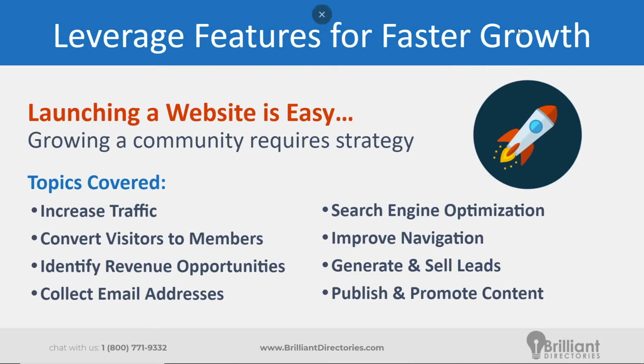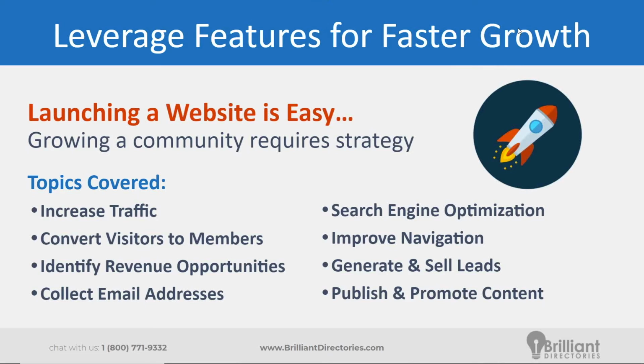And I always like to mention, especially since we're coming up to episode 100, why we created Webinar Wednesday. At Brilliant Directories, we're very agile in our development process, and there are always new features being built. Some are priorities, some have been on the list for a while, and we're finally getting around to them. But we really use it as a platform to showcase some of the new features that you can leverage to grow your online community.